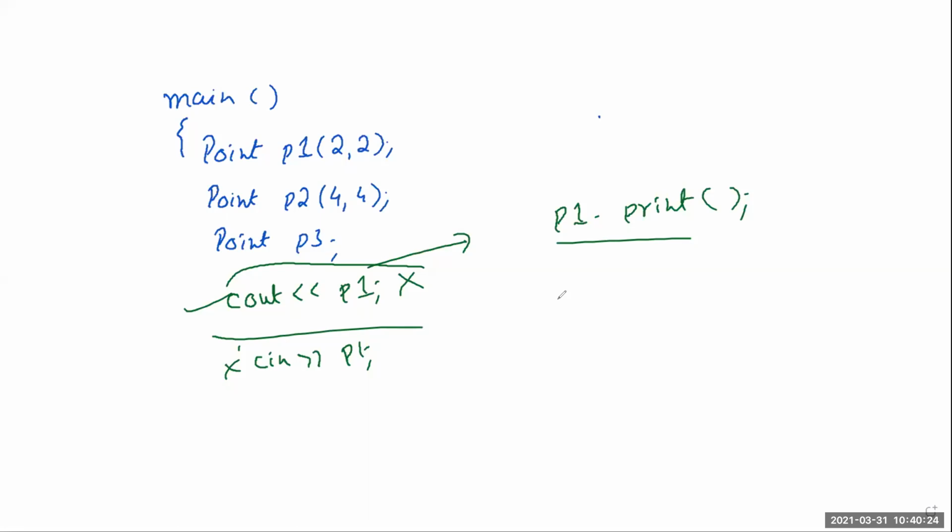You cannot use cin, cout with objects of classes. If you want it, you make a function in the class and you do cin, cout with individual data members of the class, because those data members would be primitive data types like integer, float, character, or something else. So this is an important piece of information that you should take care of.